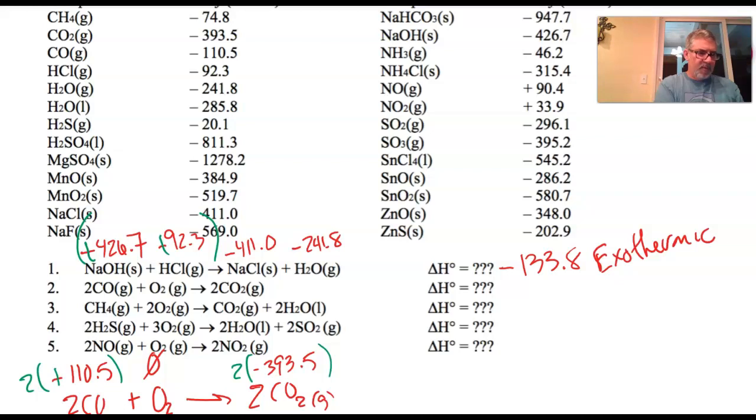I have 2 times 110.5 plus 2 times a negative 393.5, and I get negative 566.